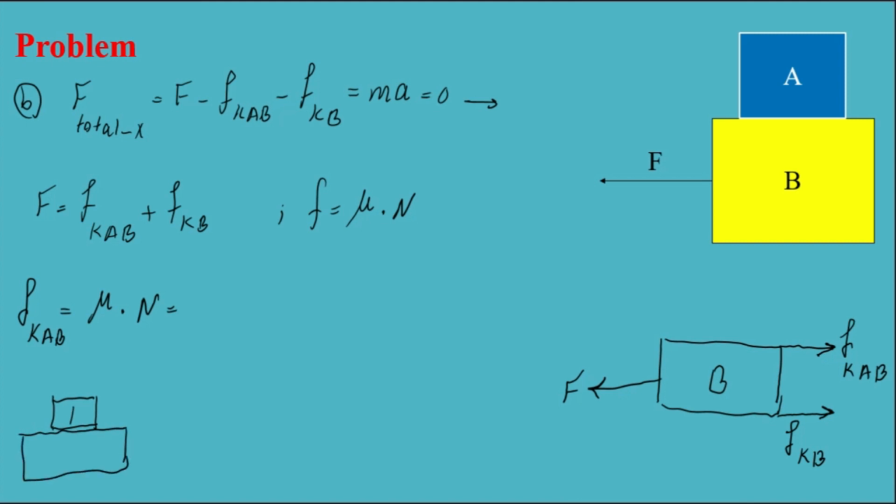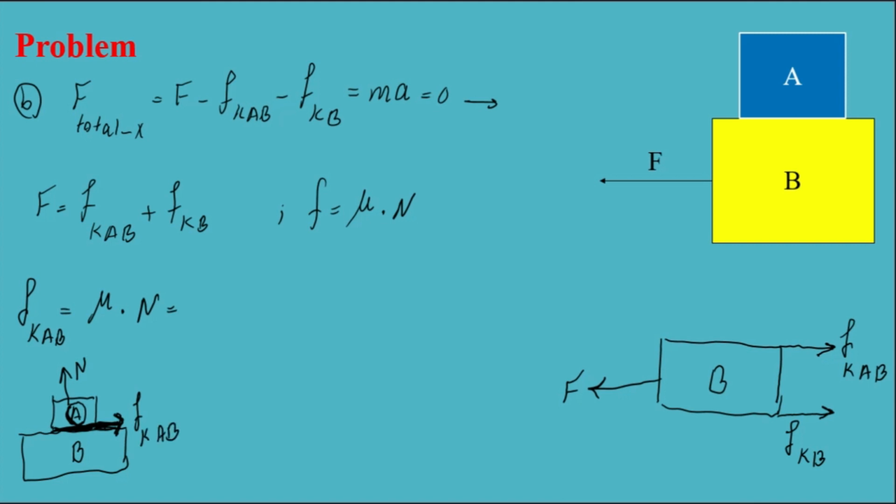This is my A, this is going to be my B, and I'm talking about this friction force right here. The normal force is going to be here. So the only normal force I need to consider is about object A, because this is the friction force right here between these two objects.